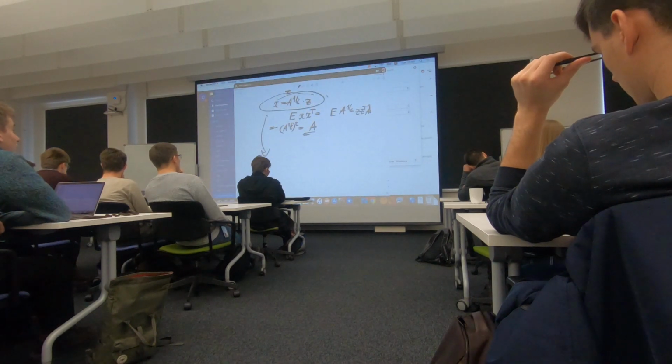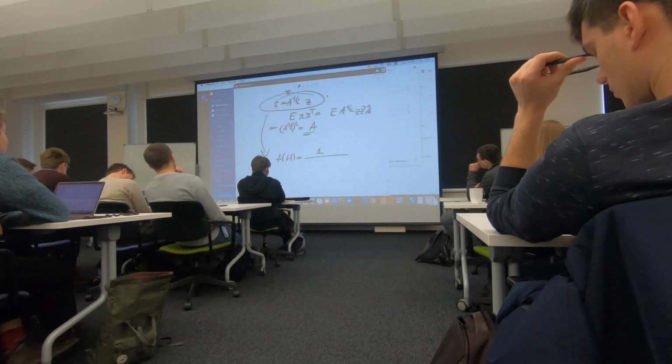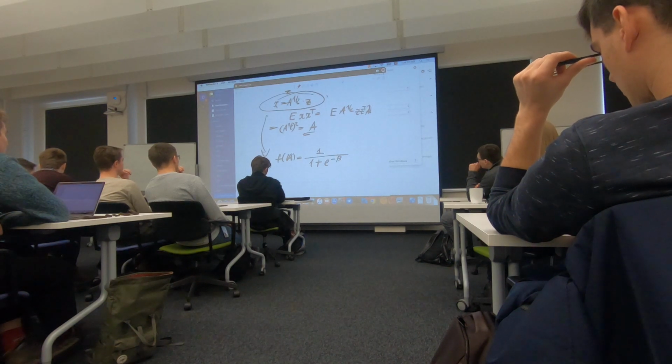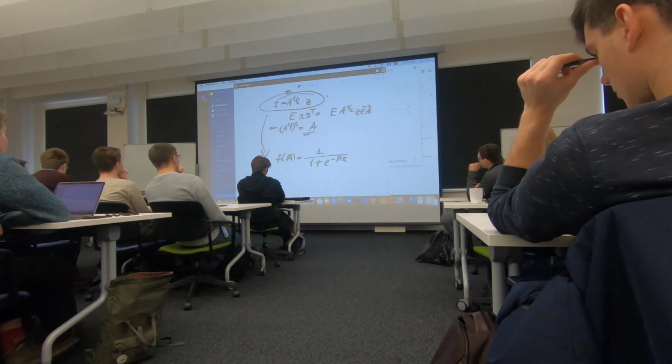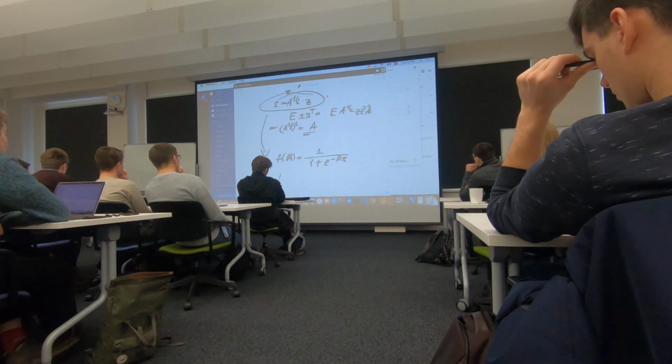that looks like this. So the function of h is 1 over 1 plus exponent. It's a so-called Fermi function, and h is just Laplacian plus some potential.